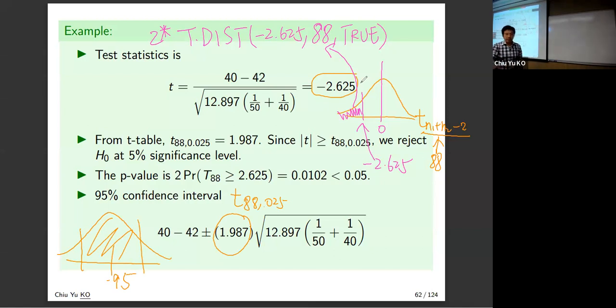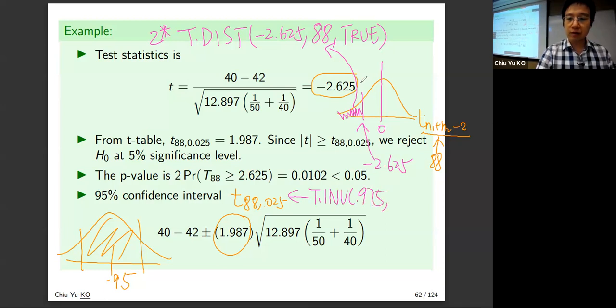So how do we figure out this number? If you look at Excel, this number comes from T inverse for 0.975 and 88, because 95 is here, then this is 2.5, so 97.5. That's what we do, and this gives us the confidence interval for the difference.